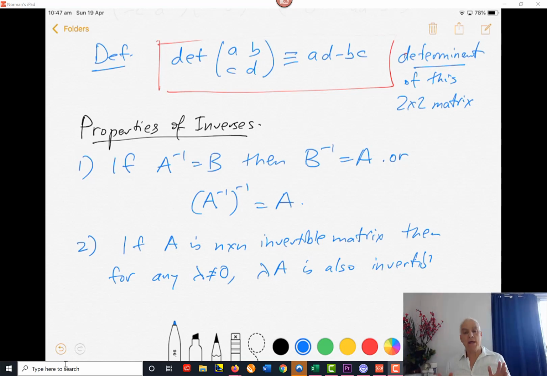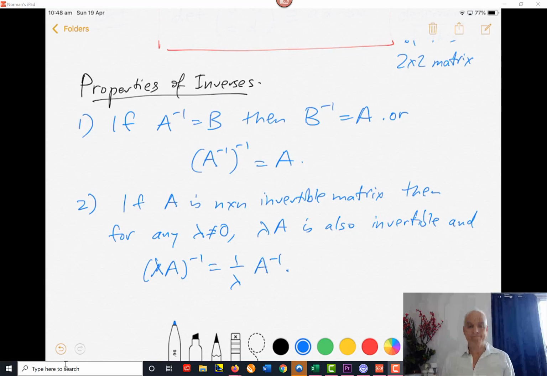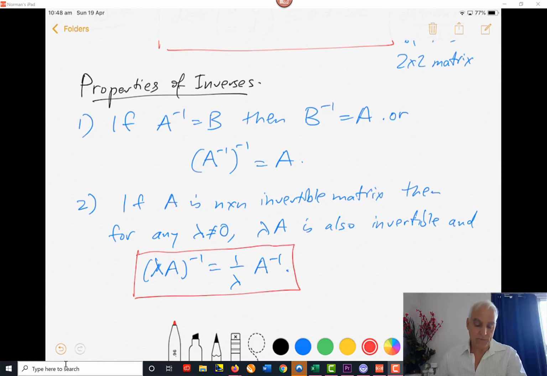Okay, so if you multiply a matrix by a scalar, and I remind you that means that you multiply all of the elements directly by that scalar, then as long as that scalar is non-zero, you're getting also an invertible matrix. And what is the inverse of lambda A? The inverse of lambda A is going to be 1 over lambda times the inverse of A. That's how inverses act with regard to scalar multiplication.